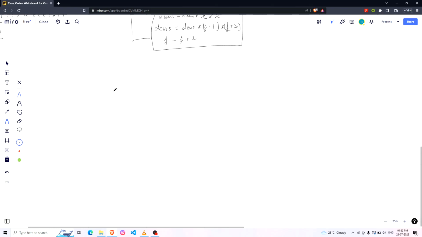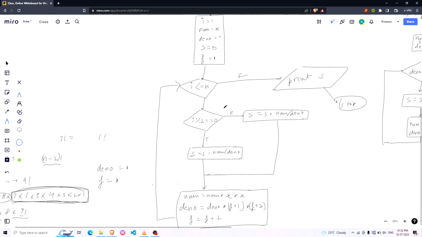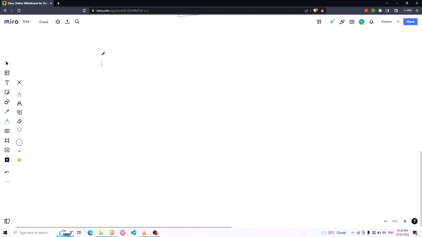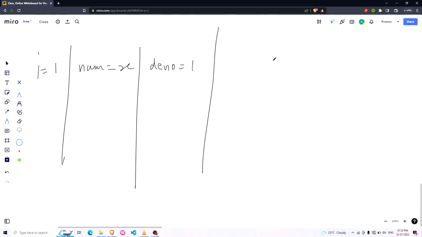In the beginning, we have I equals 1, numerator equals x, denominator equals 1, f is equal to 1 and s is equal to 0.